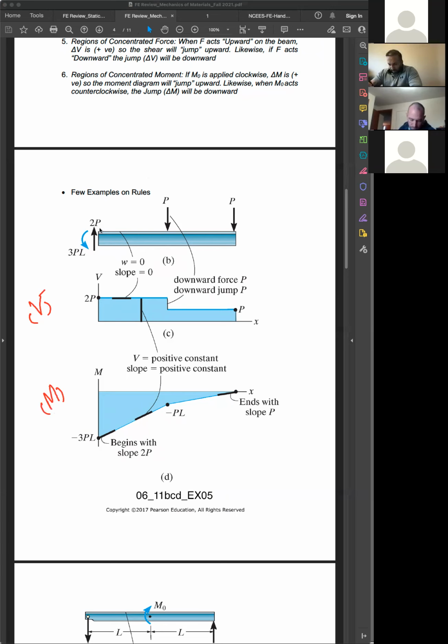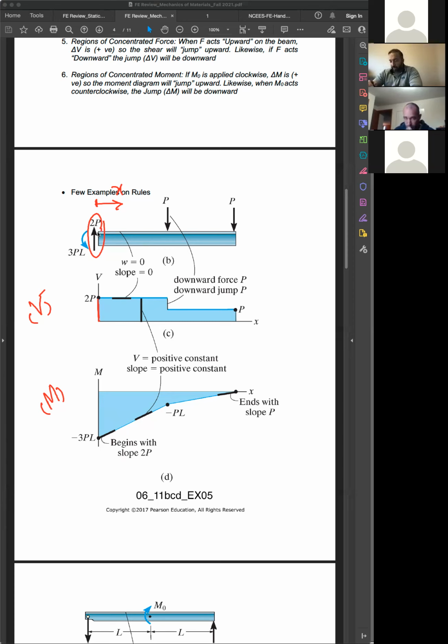Look at this. If I have a force, usually first of all, I go from left to right. This is the direction you draw. There is a concentrated force. This force causes a jump in the shear diagram in the direction of the force. Force upward, jump upward, right? The area under the load would be the change of shear between two points.